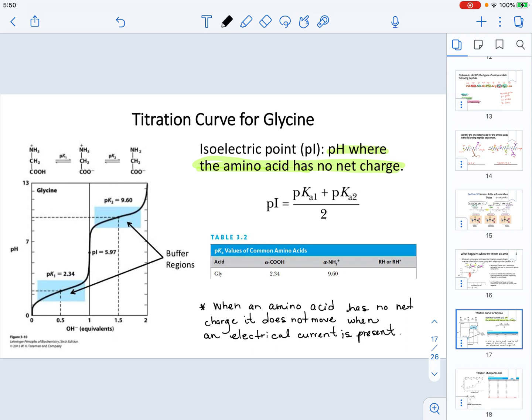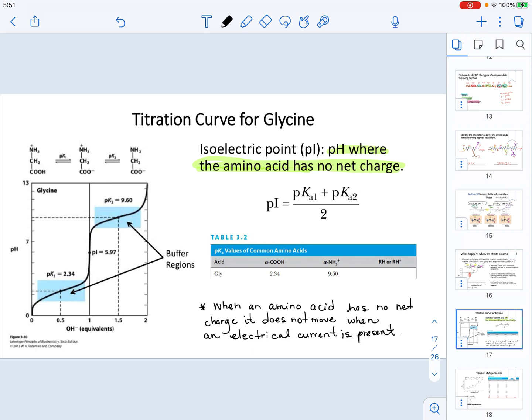Looking at the titration curve clearly illustrates why protein systems act as a buffer. If you remember from the previous chapter, one of the buffer systems in the body is because of proteins. By looking at this, because of the amino acids in proteins, we can see that there are actually two buffer regions.